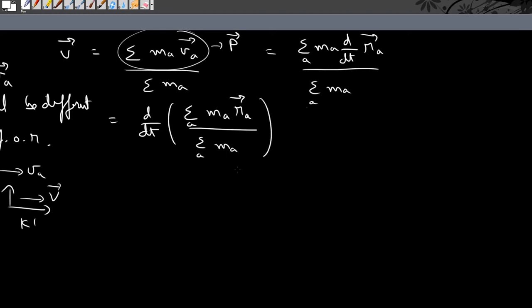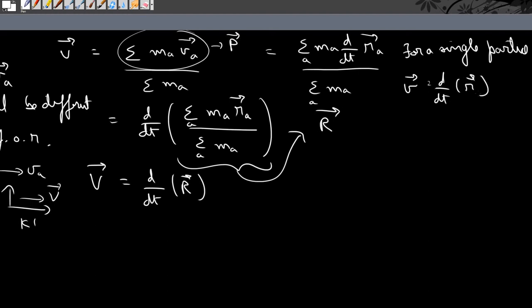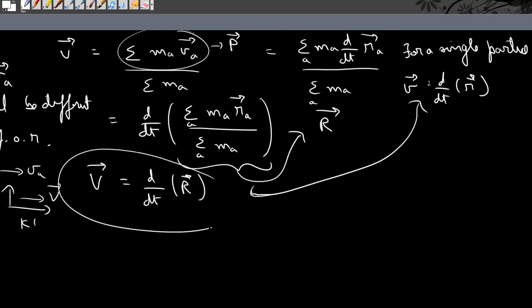Now I am going to denote this by the vector capital R, then we can note that this is equal to d/dt of R. Now for a single particle, V is equal to d/dt of R.